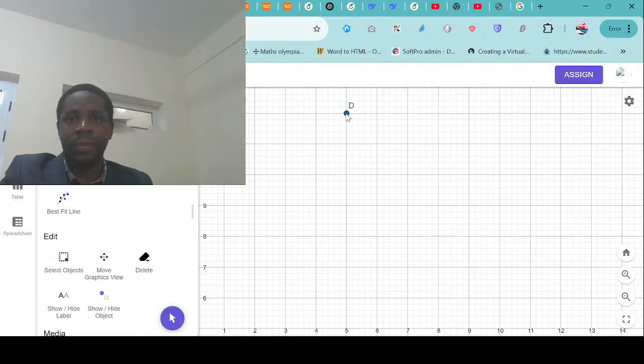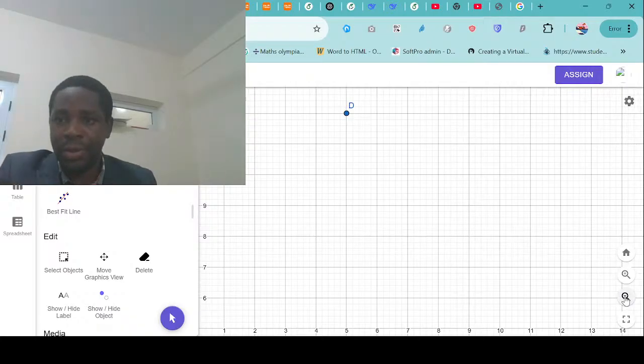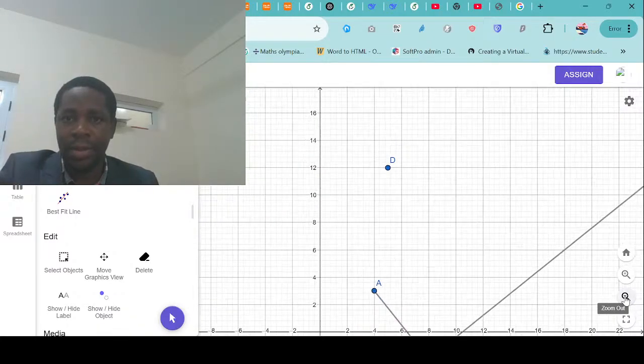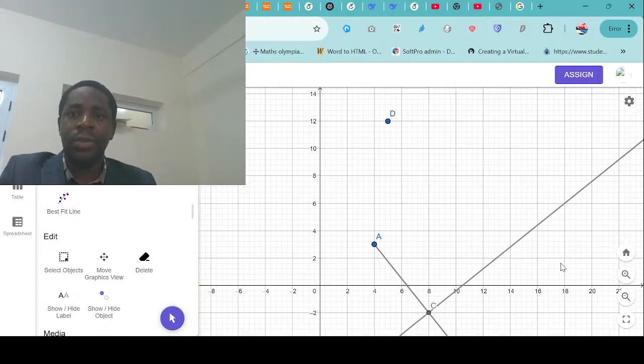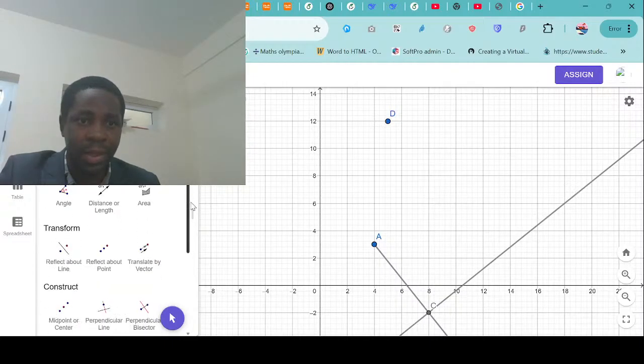That's it there. So what do they say? So there's a line passing through that point parallel to. So let me reduce this a bit. And go down and go up. So the line is parallel to this line, right? AB. So I'll go and use parallel lines. There's a function for parallel lines.